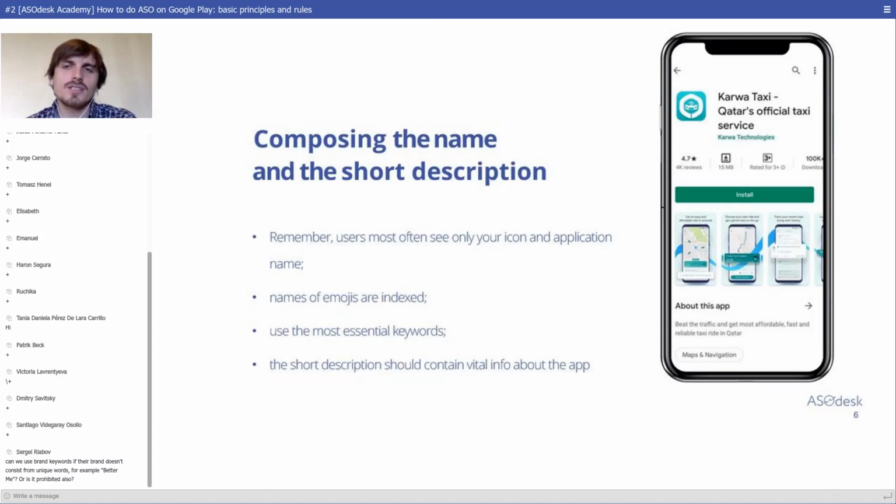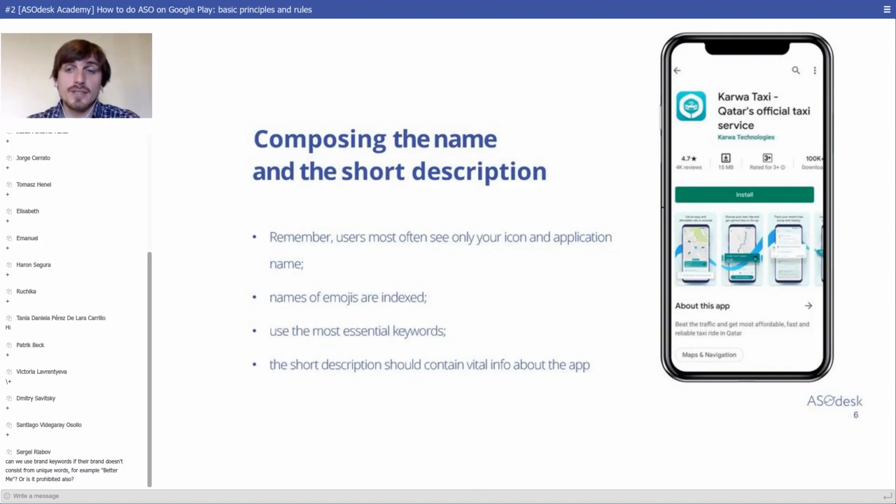The thing is that, as you might know already, on Google Play we have only one Arabic language. So when we create metadata for Arabic-speaking countries, we can't create a special store listing for Arabic in Qatar, for Arabic in, for example, Bahrain, for Arabic in Saudi Arabia. We can only create one version of Arabic app metadata.